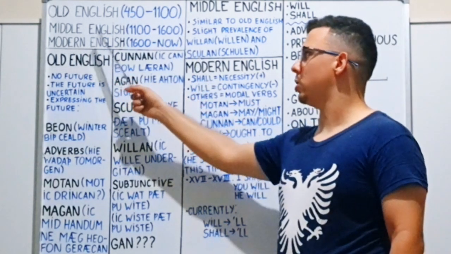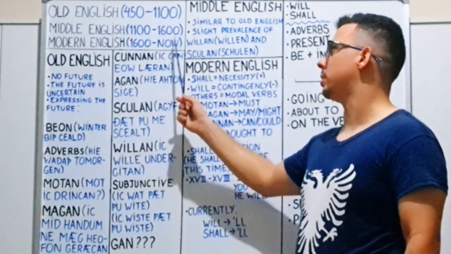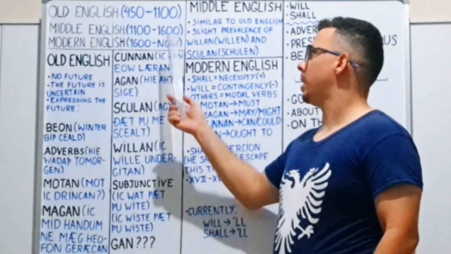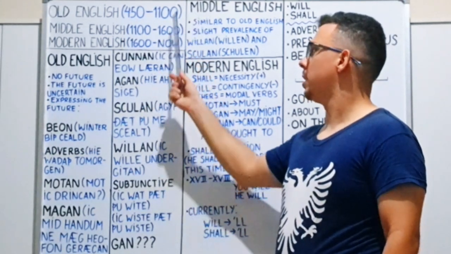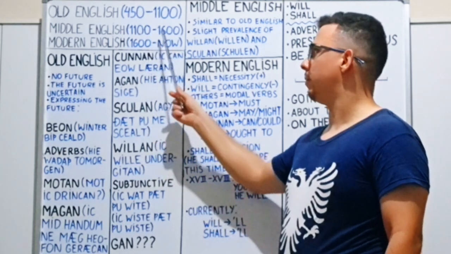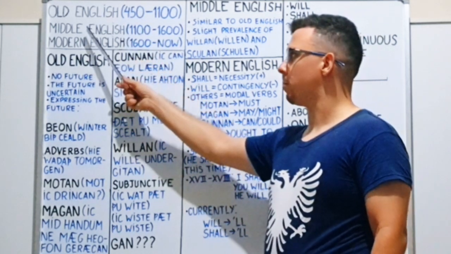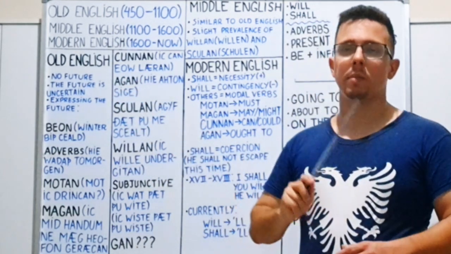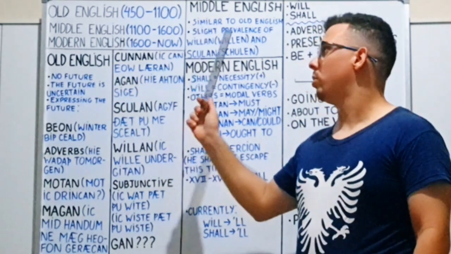And modern English from 1600 until now. So this is more or less the periods, the dates of when the period started and finished. Old English, Middle English, and Modern English. We will go through how to make the future in all those periods.